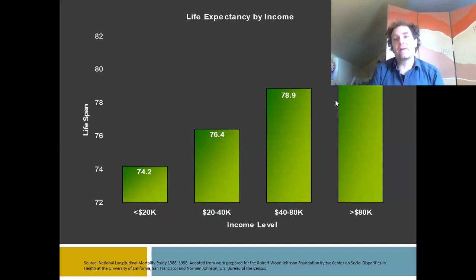We're not just talking about the very wealthy or the very poor, we're talking about everybody. The more money you earn, 10,000, 15, 20,000 more than somebody else, you're not just earning more money, you're getting a little bit longer life expectancy. And so that's a gradient, that there's always a step up.